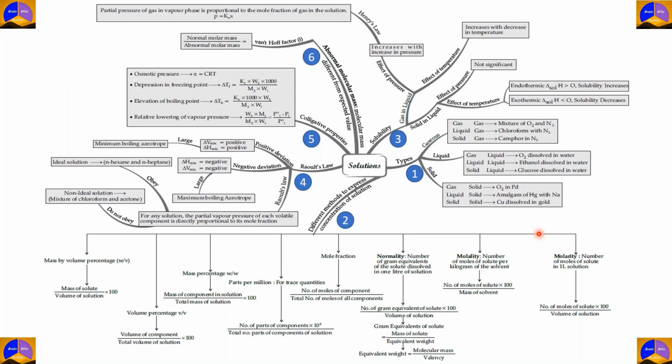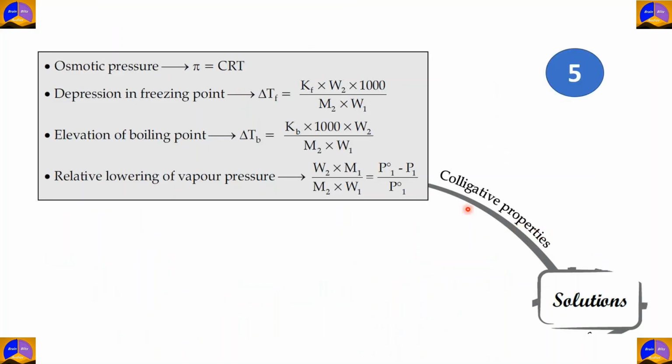Let's move on to colligative properties. Now, what are colligative properties? These are properties exhibited by solutions when a solvent, which is volatile, is mixed with a non-volatile solute.